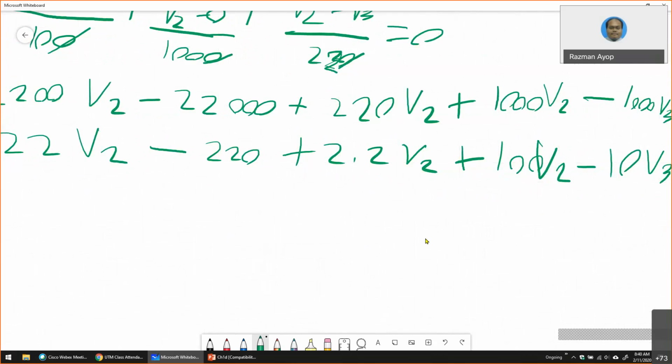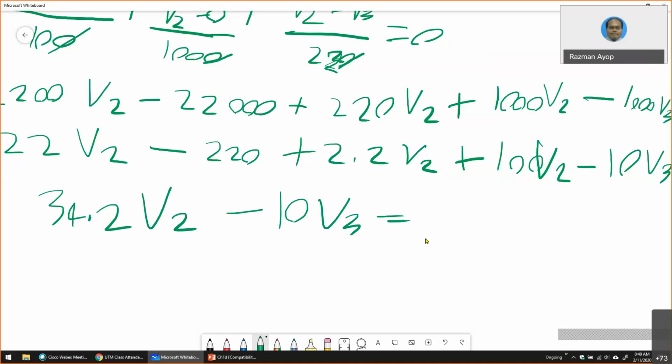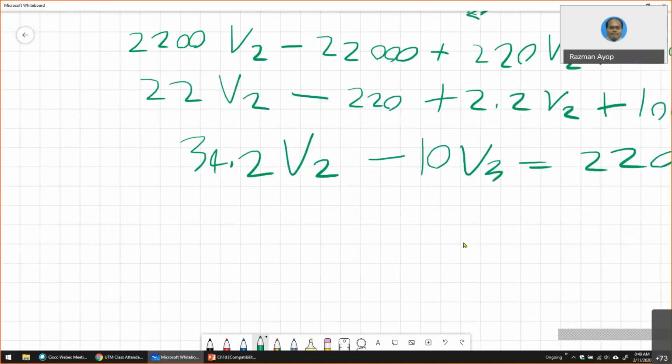Okay, if I have made any mistake, tell me, because this is quite a long simultaneous equation. Okay, 34.2 V2 then minus 10 V3 equals to 220. So you get the first simultaneous equation. Okay.